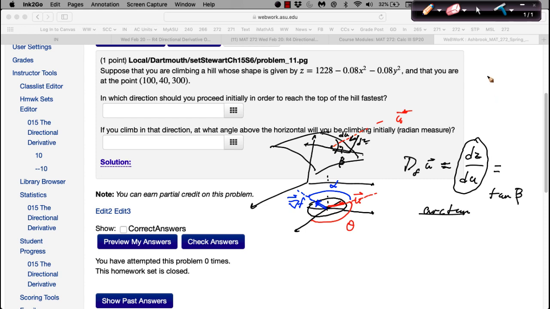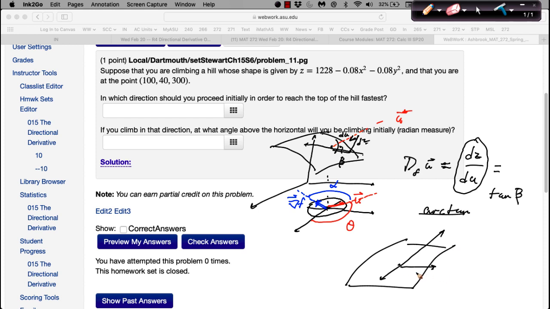Okay, yes, please. So beta is like the angle between the directional derivative and the unit... I'm not really sure what the change in z. So let's make a better picture. Say we want to go in this direction. Then that's a tangent to the surface in that direction.